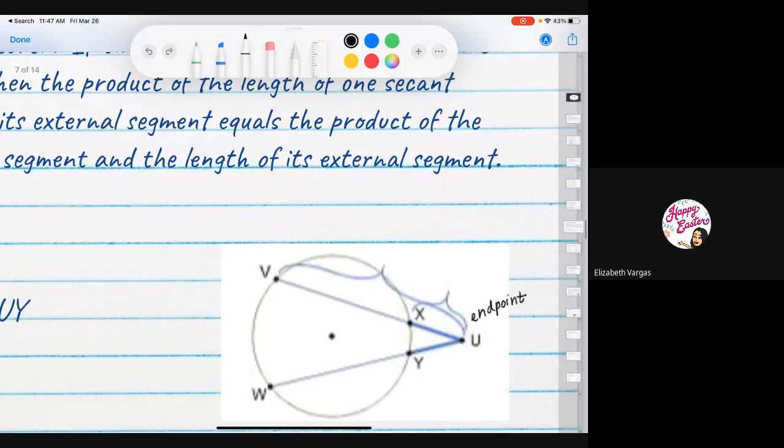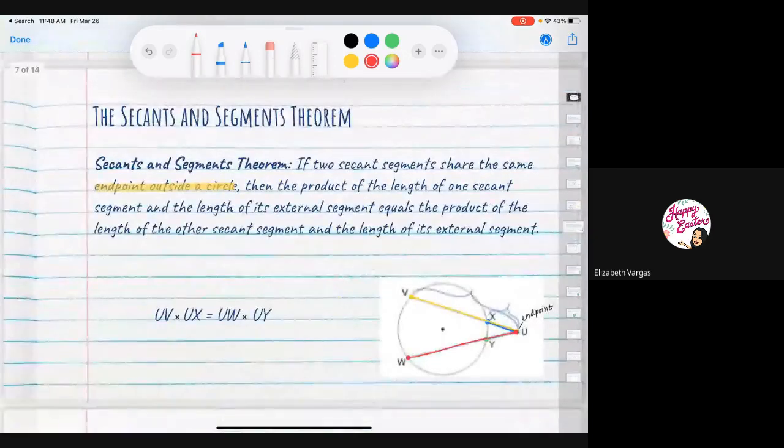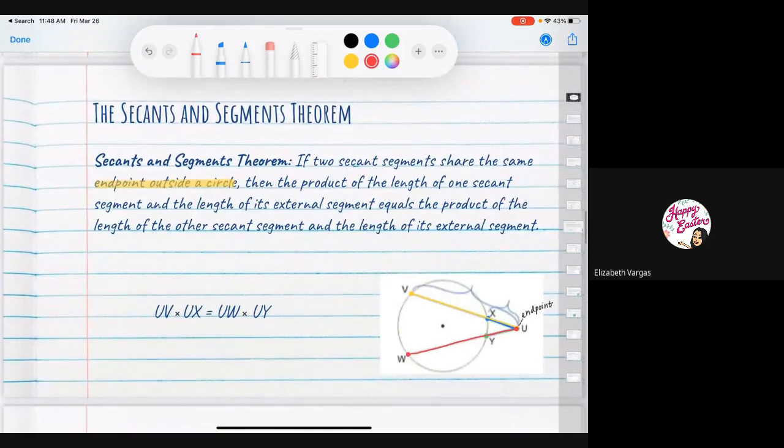Okay, a little bit different from chords in that you're going to take U to X and multiply it by the entirety of the segment, so U to V. Then you'll take U to Y and multiply that by the entire segment, W to U, and they have to be equal to each other.